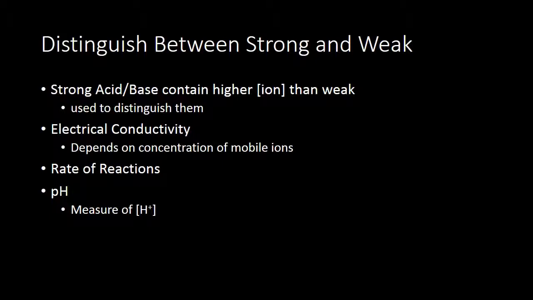And of course, pH, right? Because pH is a direct measure of hydrogen ion concentration. And even though we can only test pH with a pH probe, if you know your hydrogen concentration, you can figure out your pOH from your hydroxide ion concentration, because we know Kw equals hydrogen ion times hydroxide ion.